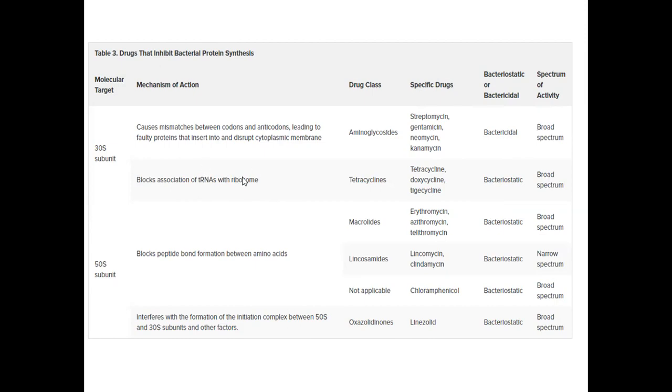But if an antibiotic just blocks the association of mRNA and ribosome, its action will be bacteriostatic. If an antibiotic blocks the large subunit, the big subunit, it also disrupts the process of protein synthesis by blocking peptide bond formation between amino acids, and its action is also bacteriostatic, to prevent the overgrowth and stop the multiplication.